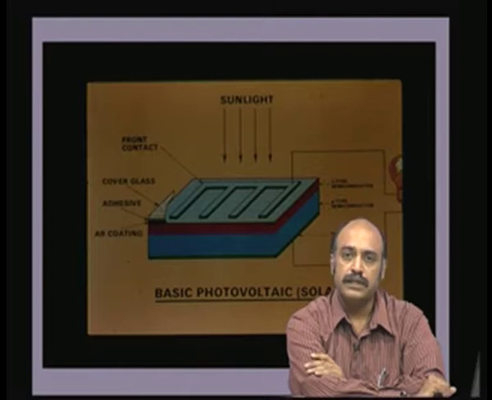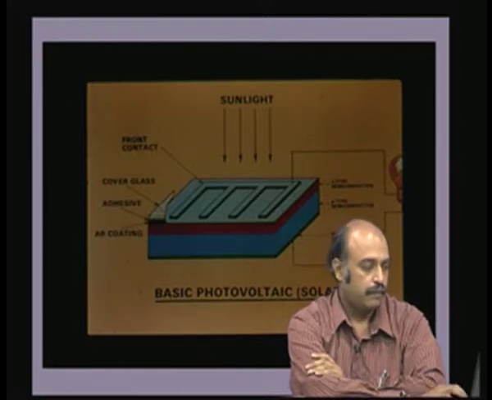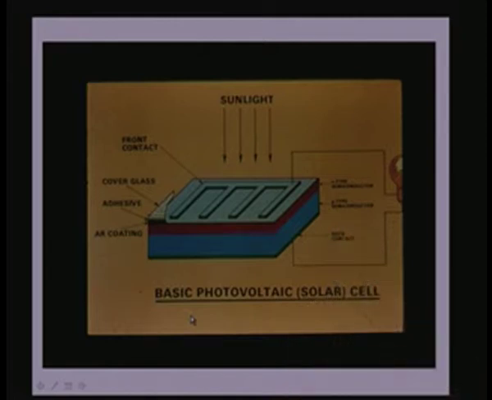Another means of generation, the photovoltaic cell, photoelectric effect. You see here in the picture is a photovoltaic cell. It is nothing but a p-n junction. You have a p-type material, the blue, the n-type material, the red.